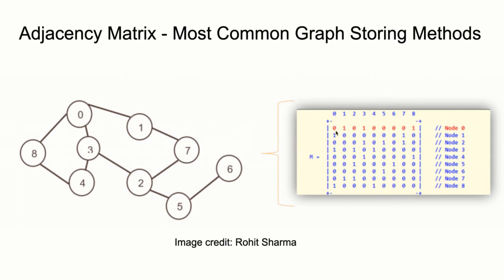A 0 represents no connection between the nodes. A 1 represents a connection between the nodes. So according to this graph, for the same representation, we can see in the column of 0 that there is a connection to 1, also a connection to 3, and a connection to 8. So this is also a valid way of storing the graph, but of course there's going to be pros and cons to doing either.